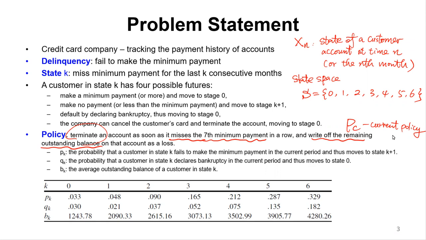State K represents missing the minimum payment for the last K consecutive months. Here we use X_n to denote the state of a customer account at time n, or the nth month. So the state space is 0, 1, 2, 3 up to 6.